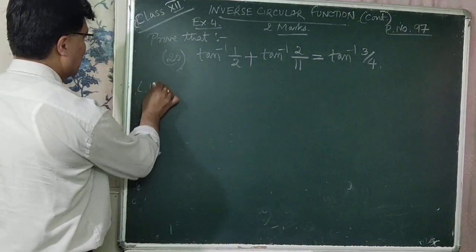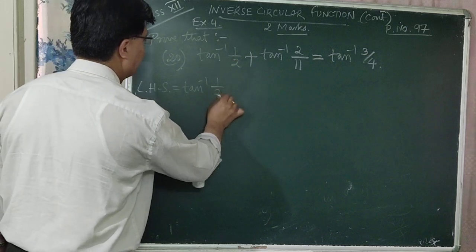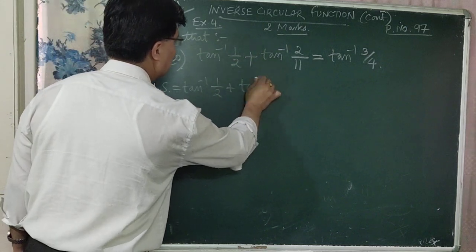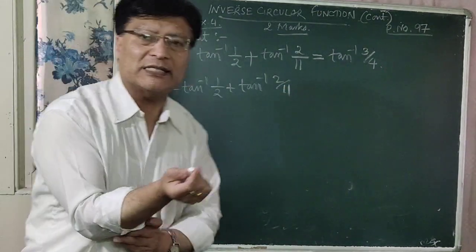So let us write down LHS. Left hand side is equal to tan inverse half plus tan inverse 2 by 11. Which formula is used in this case?